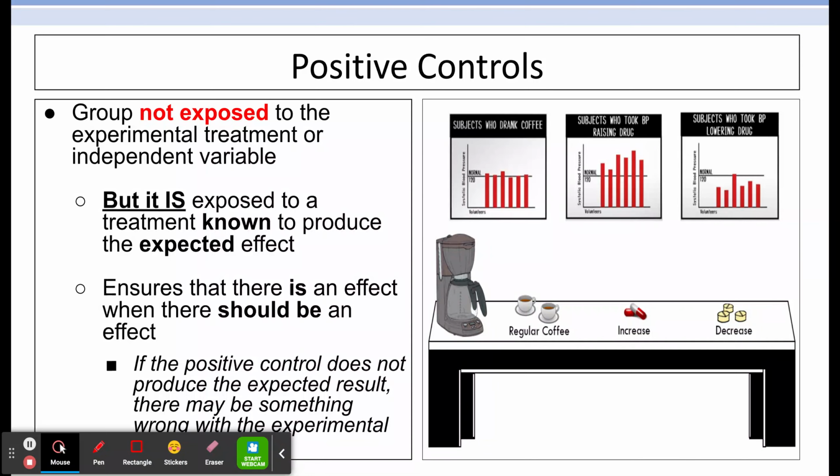So what they did for positive control, that just means that it's producing a result. So they have a pill that increases the blood pressure just to make sure that the participants are increasing, and they also have a group that takes a decreased blood pressure pill, just to make sure that the blood pressure goes down. And so they're seeing that the effect is coffee, so everything else is normal.